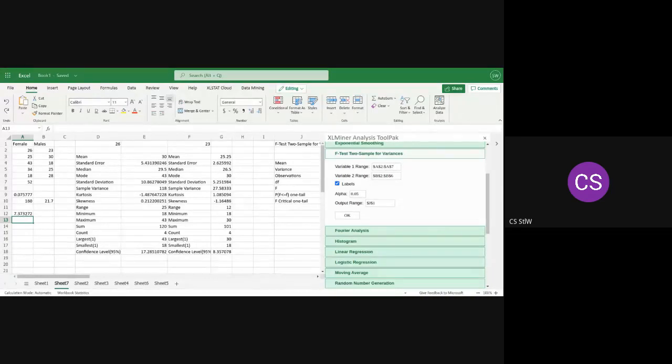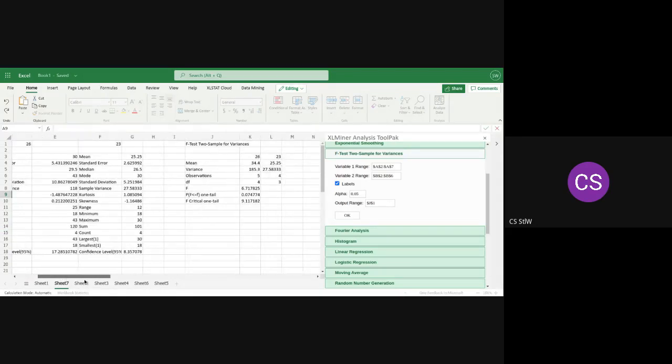So you see, it was because when I used this, I rejected the hypothesis. But when I came in and used the XLMiner, I had to accept the hypothesis based on whatever values it was giving me. So if you figure out how that is happening, just share with us. But I feel like, I don't know, but yeah, that is that.